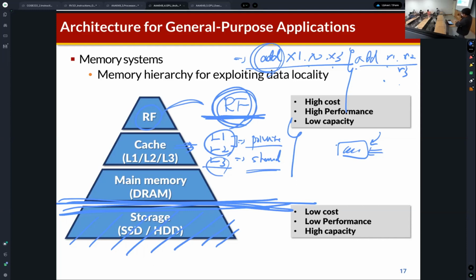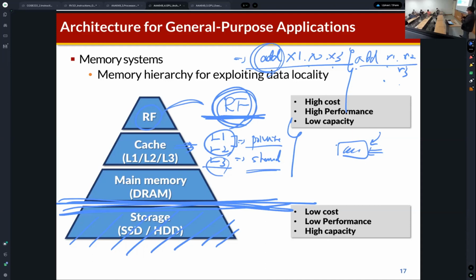What is the difference between scratchpad memory and cache memory? With scratchpad memory, programmers need to manage the data.